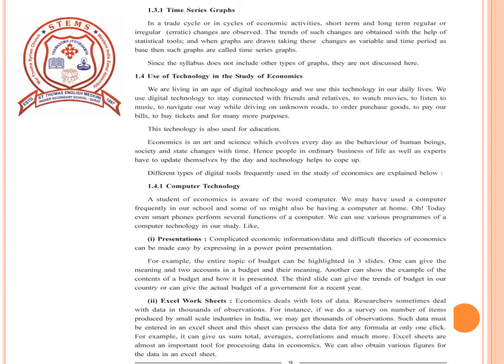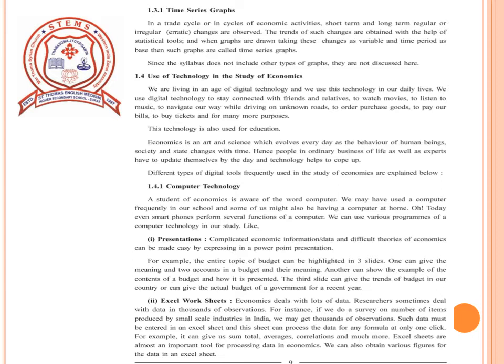Now the next topic is the use of technology in the study of economics. We are living in an age of digital technology and we use this technology in our daily lives.